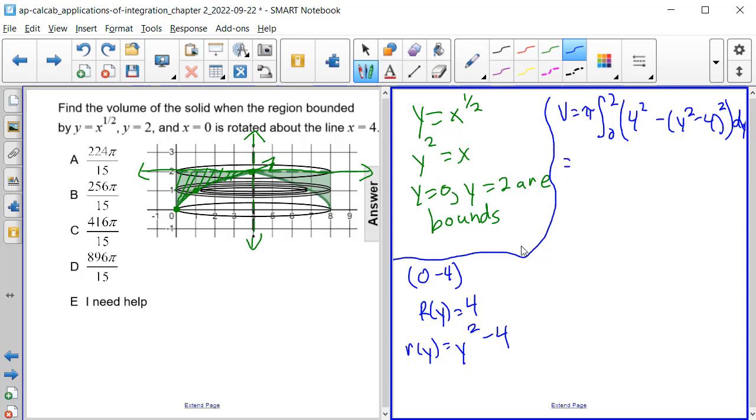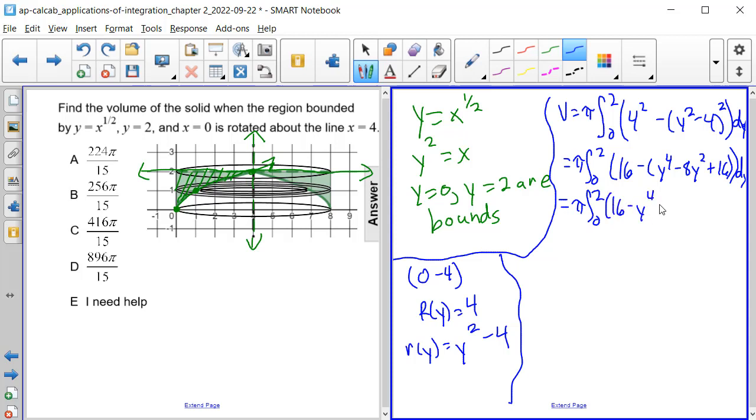So that's going to reduce to pi times the integral from 0 to 2 of 16 minus (y to the 4th minus 8y squared plus 16) dy. And when we distribute that negative through, we'll have pi times the integral from 0 to 2 of 16 minus y to the 4th plus 8y squared minus 16 dy.